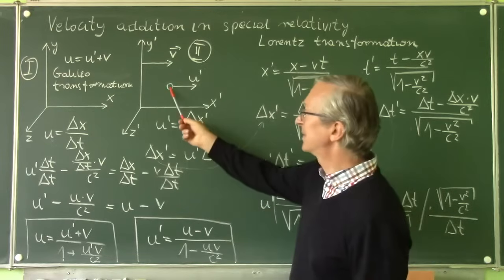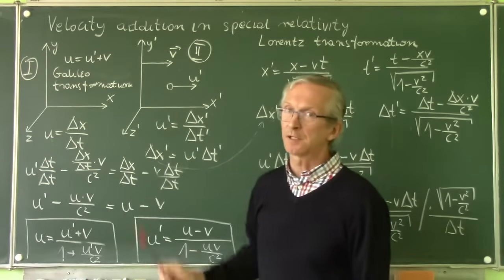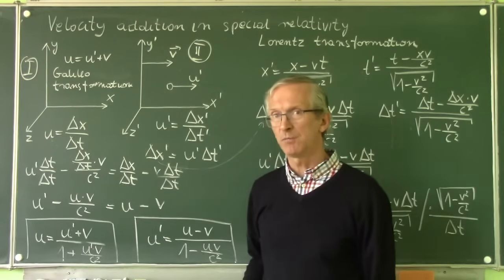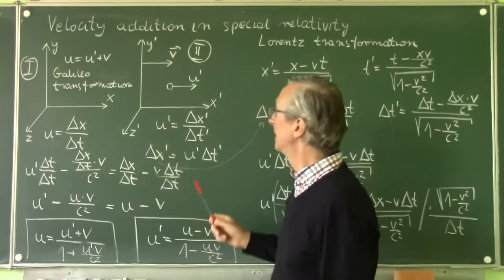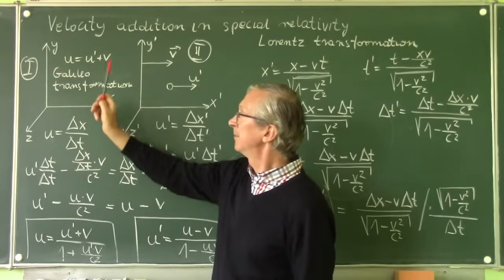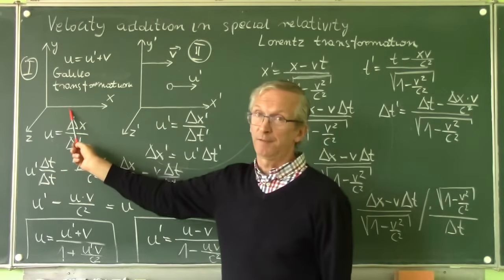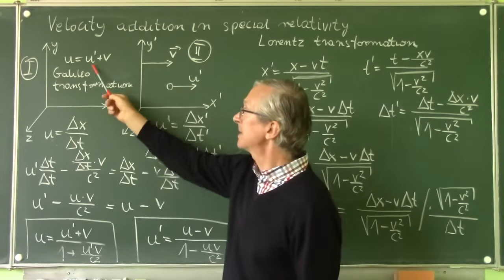It's really easy to prove. Let's assume that this object is just light, and velocity of light in the vacuum is just c. So if we put here c, then the speed of light measured in the first frame of reference would be c plus v.